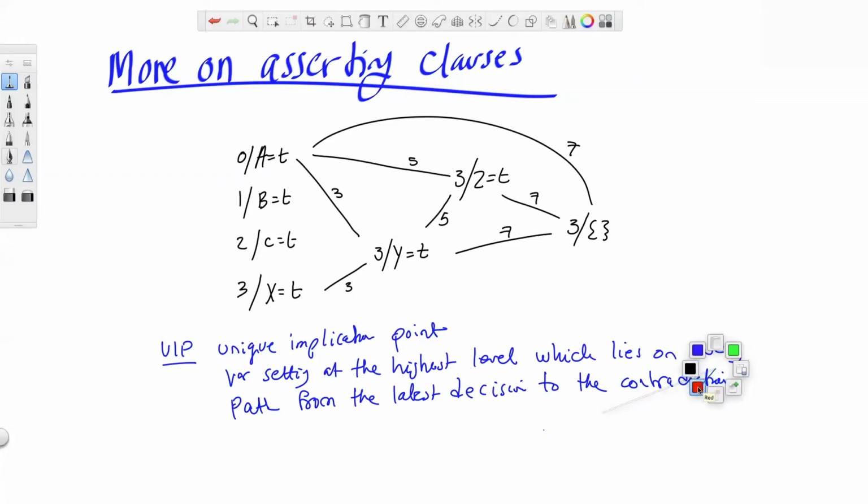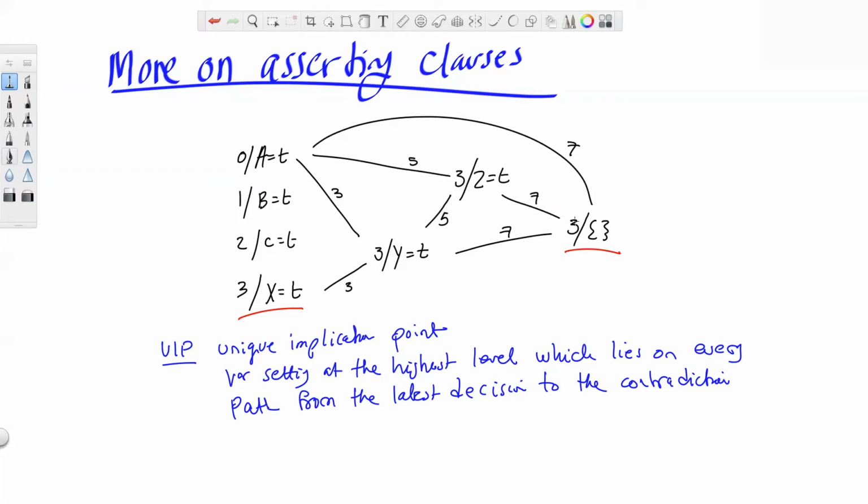This is the contradiction. This is the latest decision level. So you need to find a variable setting that I must go through if I were to go from this to that, right? So I can go from this to that this way. I can go that way. That's basically it.